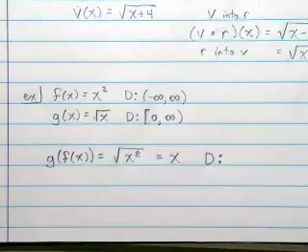The output of x squared needs to work in the square root of x. Because the output of this becomes the input of this. That's the chain that we're going through. So because x squared always gives you something that's non-negative, and anything non-negative is good to go in a square root, the domain ultimately is negative infinity to infinity for this one.